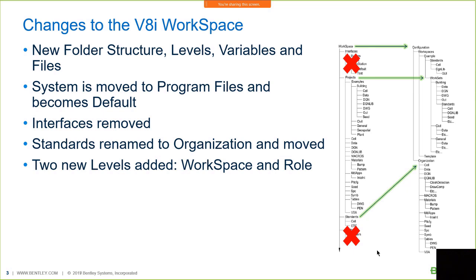What we've changed are locations of folders, levels, variables, and files, and a variety of other things, such as the system folder is now the default folder and moved into program files. Interfaces are parts of Workspaces and WorkSets, not a separate item. The organization folder is a new folder, and it used to be called the standards folder.